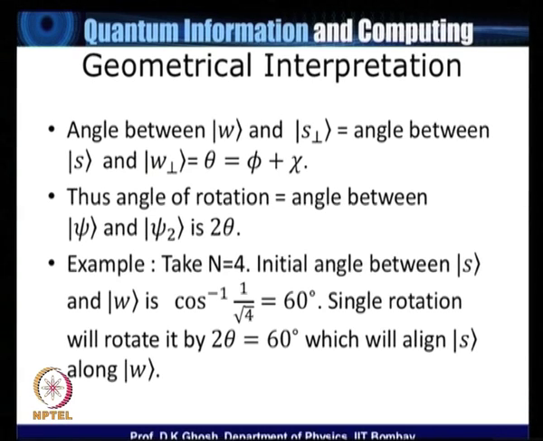Now, a single rotation, remember theta was 30 degrees in that case, because 1 over square root of 4, that is 1 by 2, sine inverse is 30 degrees. So if I now rotate it by 2 theta, since theta is 30 degrees, 2 theta is 60 degrees, which will immediately align S with W. In other words, a single Grover rotation is good enough to align the standard state S along a marked state.